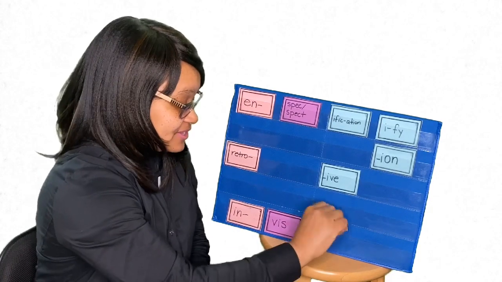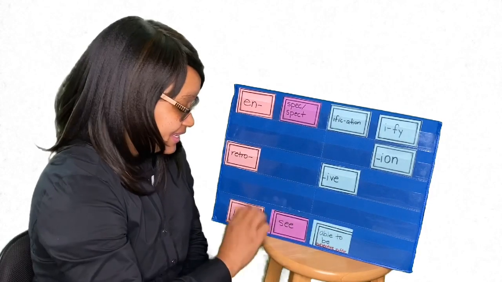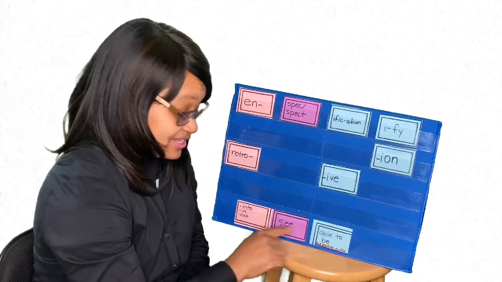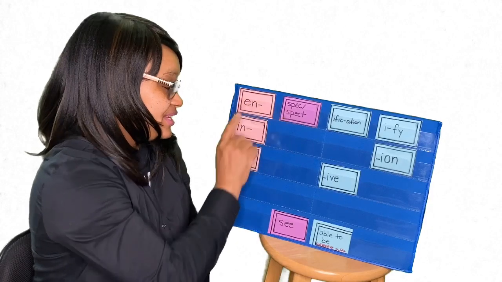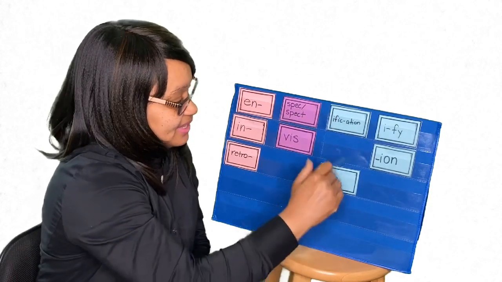So if it's invisible, it is able to be seen not. So it'll be not able to be seen. So that's why we choose the in for the not.